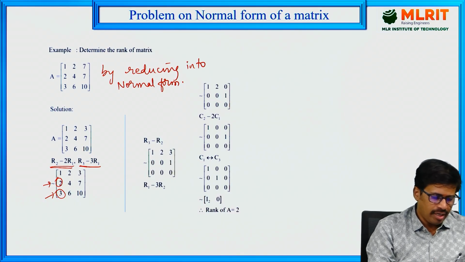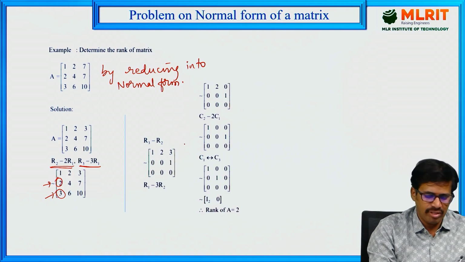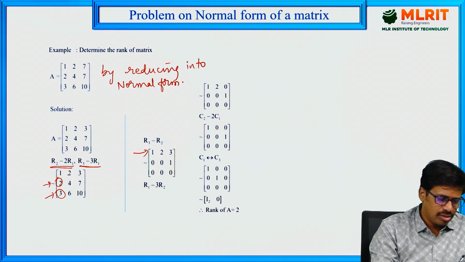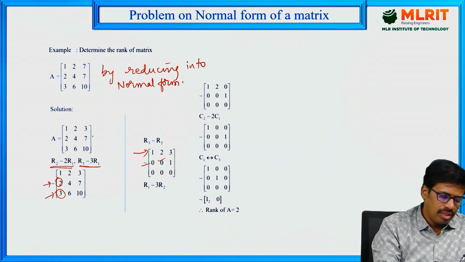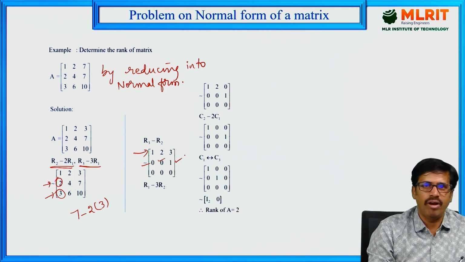So how will you get it? 1, 2, 3, first row as it is. I am not changing any first row elements. Second row elements: 2 minus 2 into 1, 0. Next 4 minus 4, 0. 7 minus 2 times R1, 7 minus 6, we get 1.